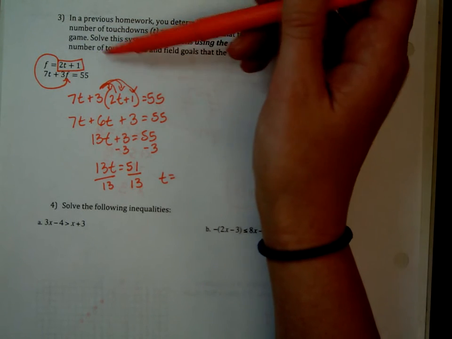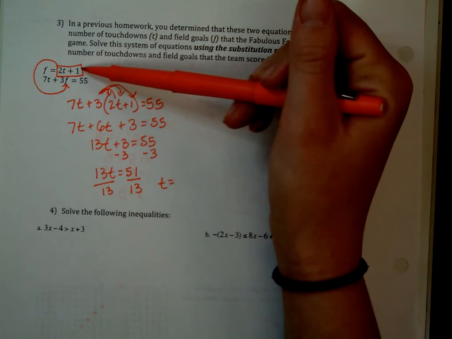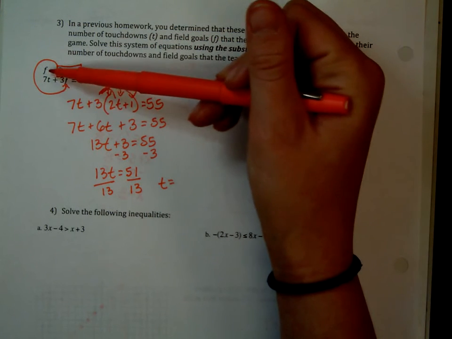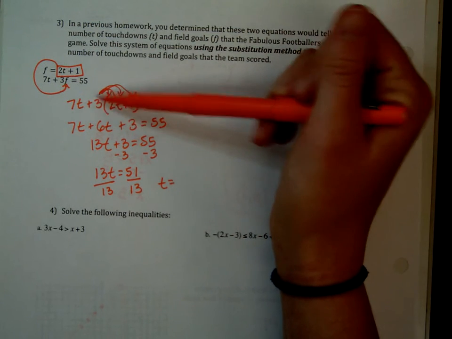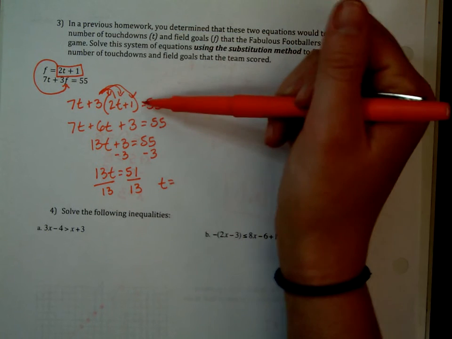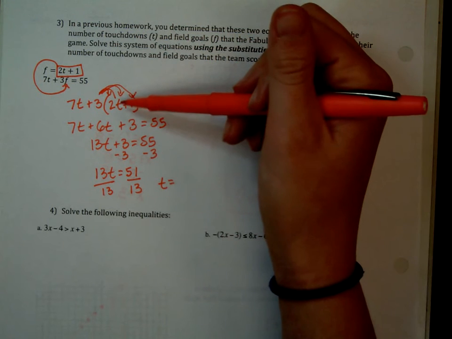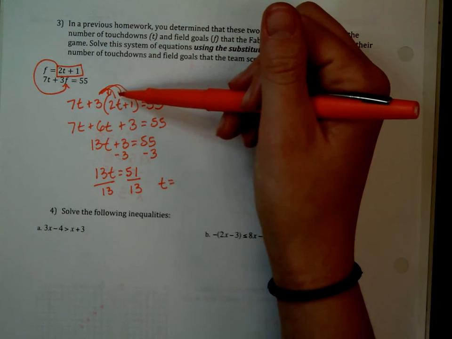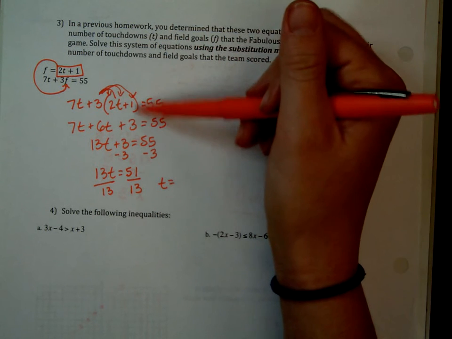So let's see, I plugged in 2t plus 1 for f, and I got 7t plus 3 times (2t plus 1) equals 55. Then I did 3 times 2t is 6t, 3 times 1 is 3.